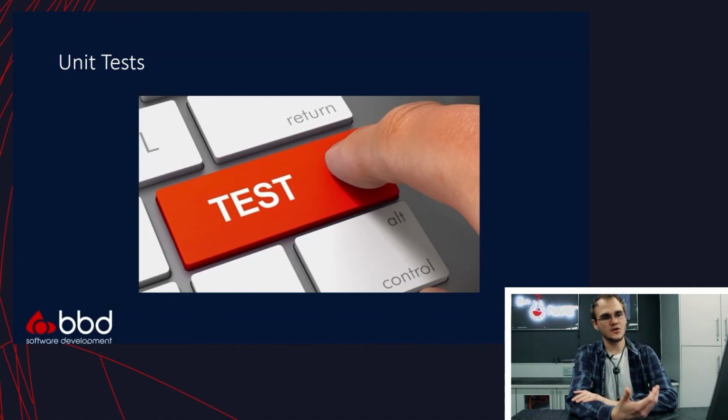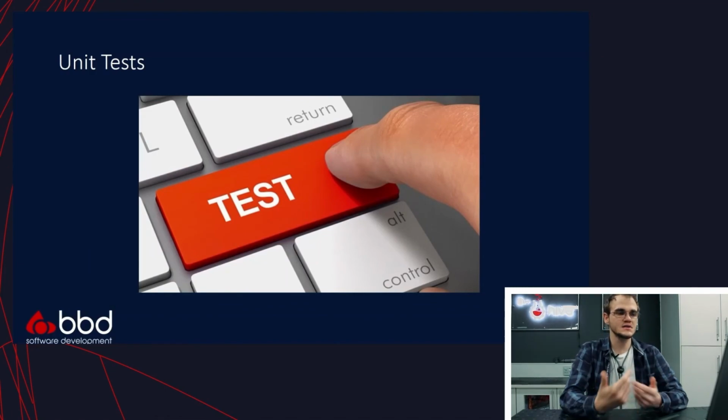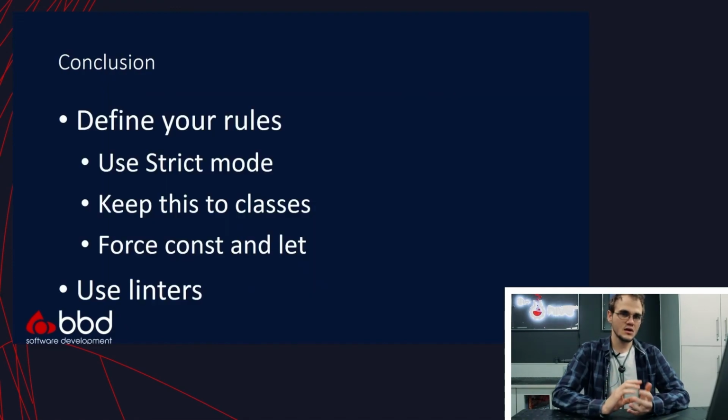So I hope that helps explain how linters and these tools can actually help you. To summarize, on standard practice or standard rules that you can follow to avoid these situations, the best thing I can say is you define your rules. Decide how you want your code to be structured. Do you want to use strict mode? Do you want to keep this purely to classes?